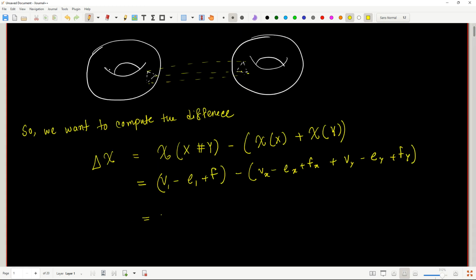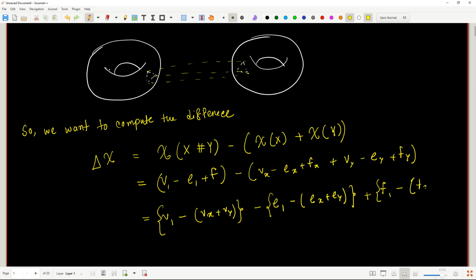So we see that this quantity is ultimately nothing but v1 minus vx plus vy, minus e1 minus ex plus ey, and ultimately the faces as f1 minus fx plus fy.